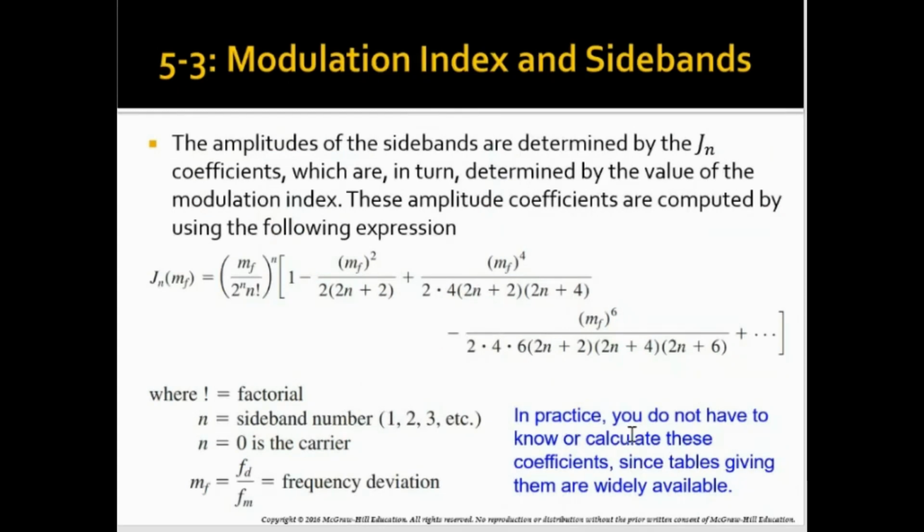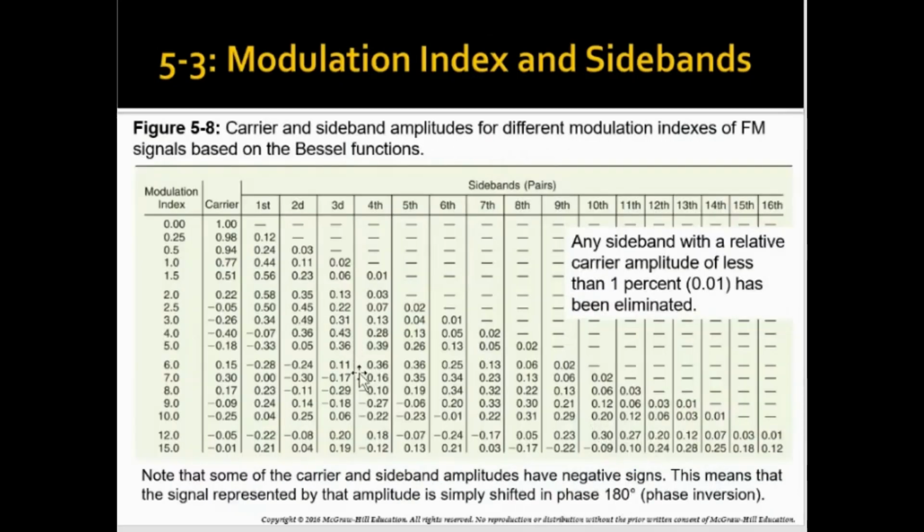In practice, you do not have to know or calculate these coefficients, since tables giving them are widely available. So here is the table of Bessel functions. Here the first column shows your modulation index.